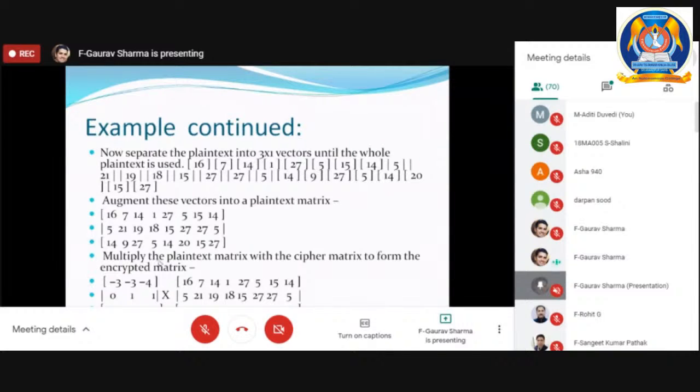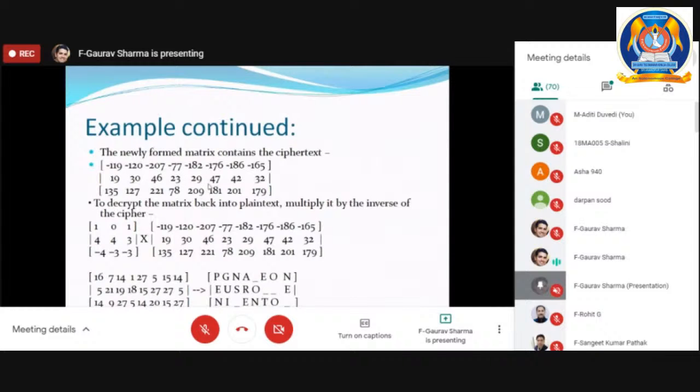So multiply the plain text matrix with the cipher matrix to form the encrypted matrix. So I will take a 3 cross 3 matrix and multiply this 3 cross 3 by this 3 cross 8, and I will get a resulting 3 cross 8 matrix, right? So this is our resulting matrix.